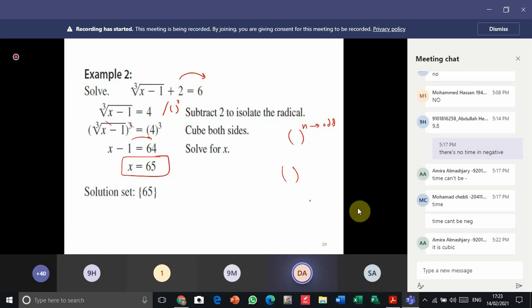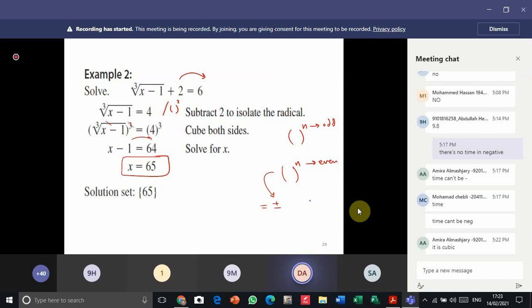But if we have an even index, we must put positive or negative. If we take the power n for both sides and n is even, we must put positive or negative for both sides.